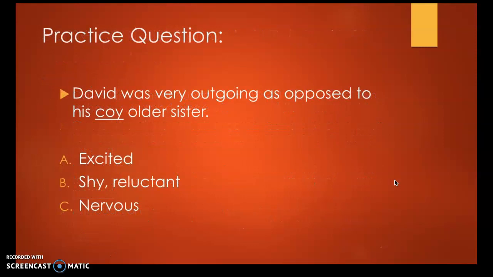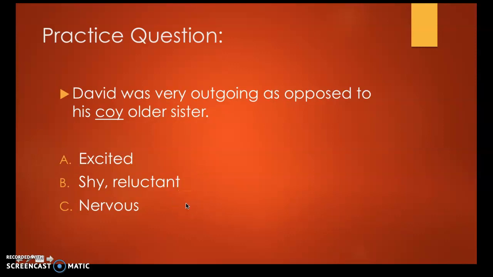Here's a practice contrast one. David was very outgoing as opposed to his coy older sister. Now, I may not know what coy means, but I do know what it means to be outgoing. So if he was outgoing, she must have been not very outgoing. If I look at A, B, and C here, excited doesn't mean not outgoing. Shy or reluctant sounds pretty good.